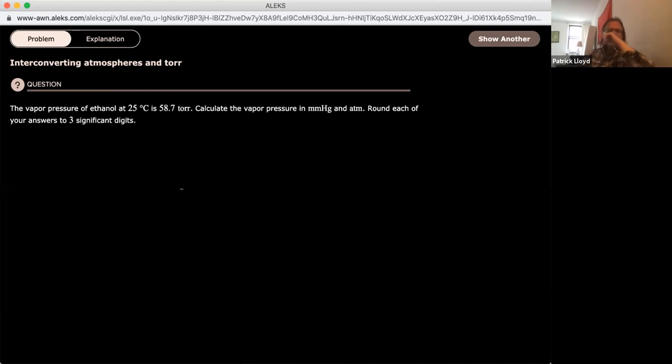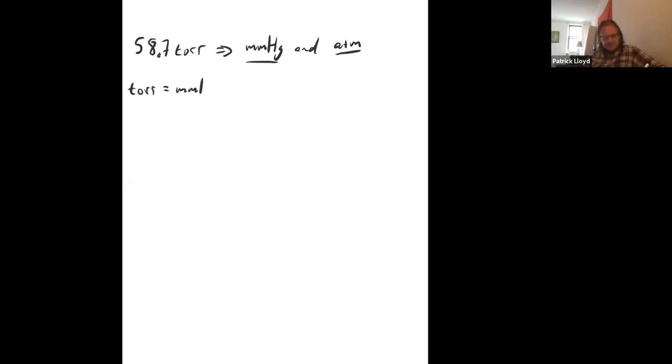So 58.7 torr, and we want to go to millimeters of mercury and to atmosphere. Okay, so 2 conversions, but torr and millimeter of mercury are the same thing, right?